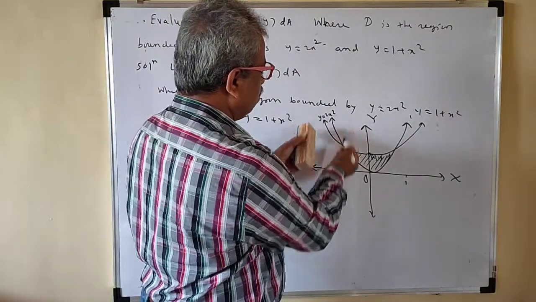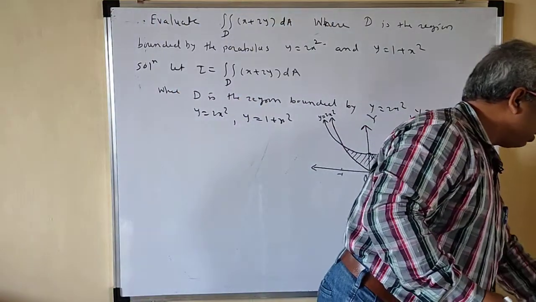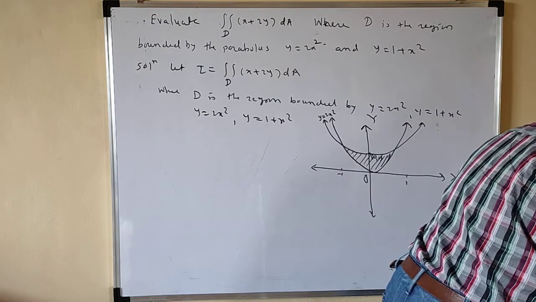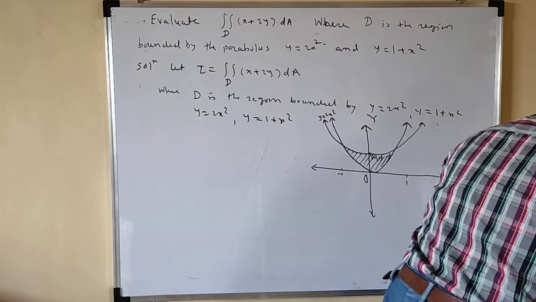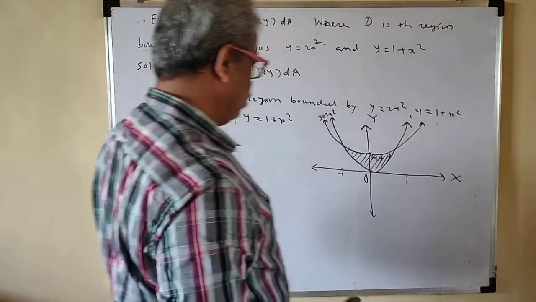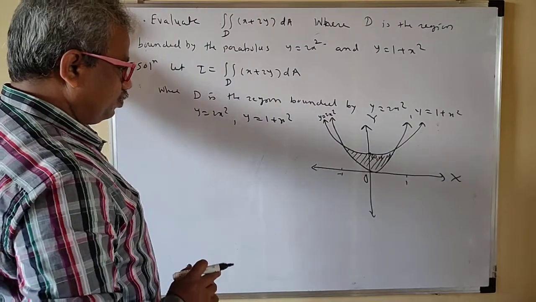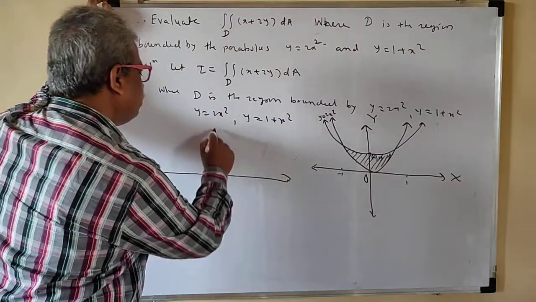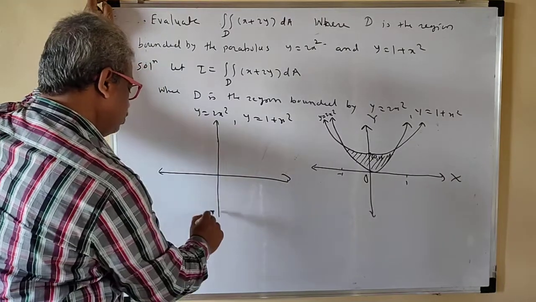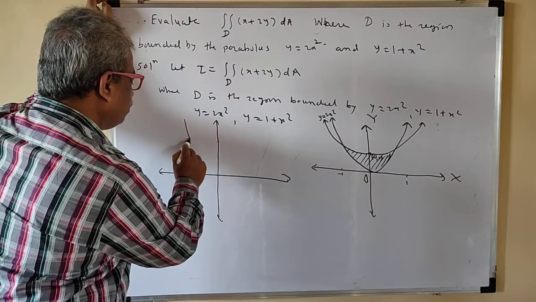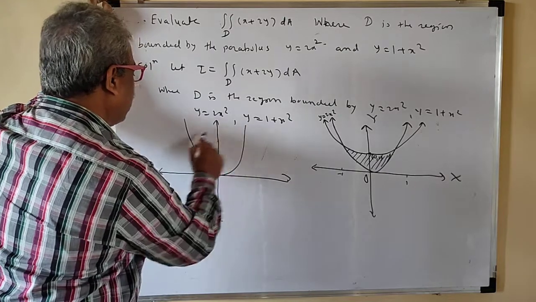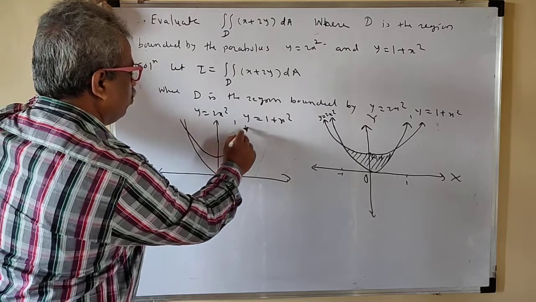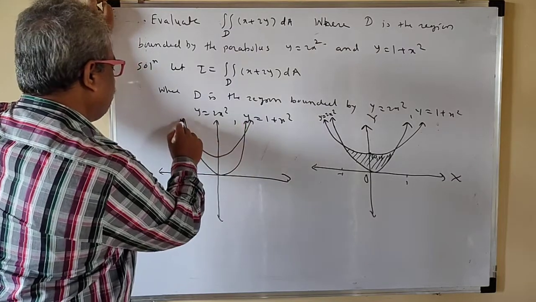So instead of this, we draw the graph neatly like this, so that the idea will be clear. I'll take this point here and this point here so that you will understand this.